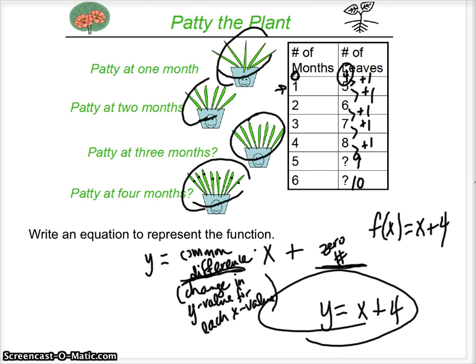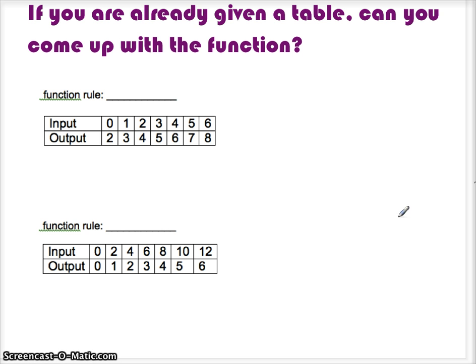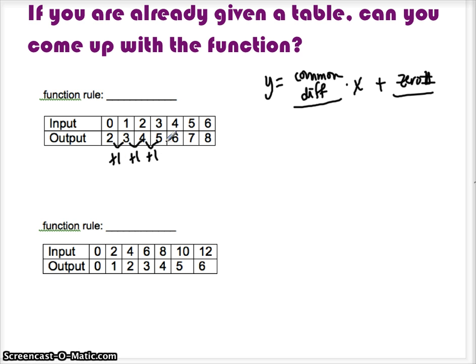Okay, so let's look at some more with tables. Now again, we have y equals our common difference times x plus what we call our 0 number. So here, inputs are 0, 1, 2, 3, 4, so those go up by 1s. This right here, 2 to 3 is plus 1, 3 to 4 plus 1, 4 to 5 plus 1.